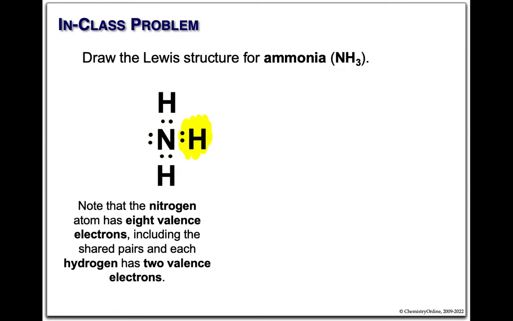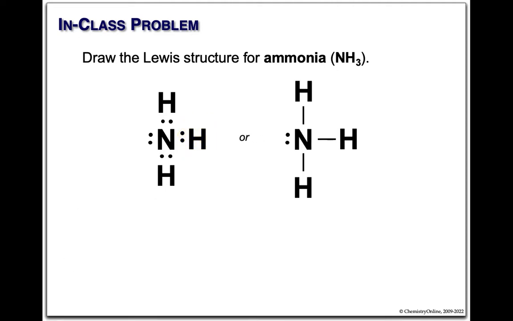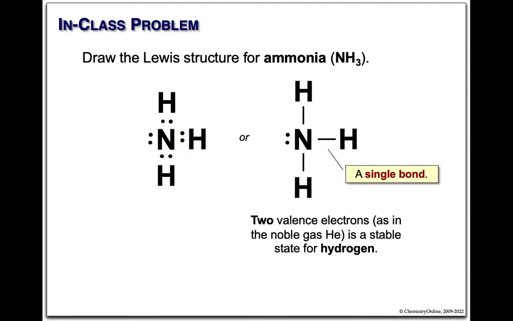Everybody's happy? And we show it like this using dashes. We show our unshared pair, and we show 3 covalent bonds holding 2 electrons each. Any questions? Pretty simple, isn't it?